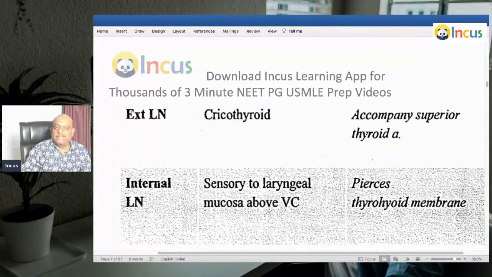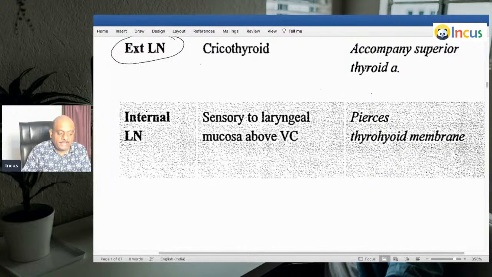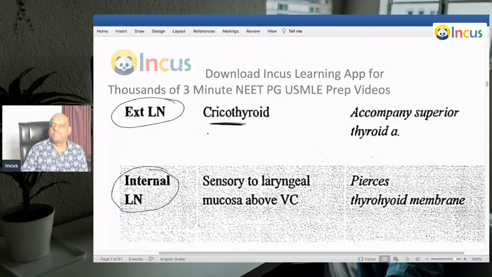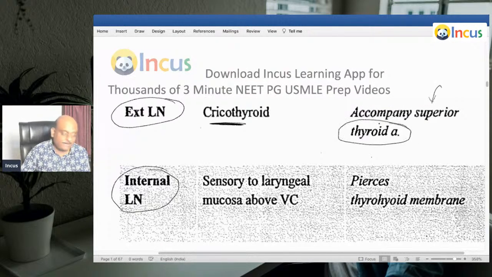Now, there is an external laryngeal nerve and an internal laryngeal nerve. External laryngeal supplies the cricothyroid and it accompanies the superior thyroid artery. Please don't forget.